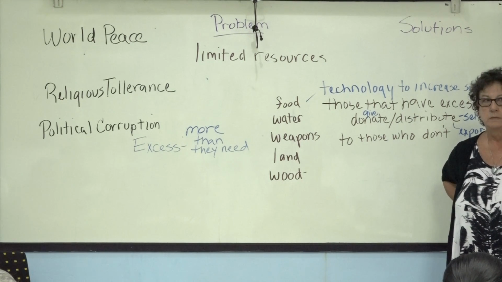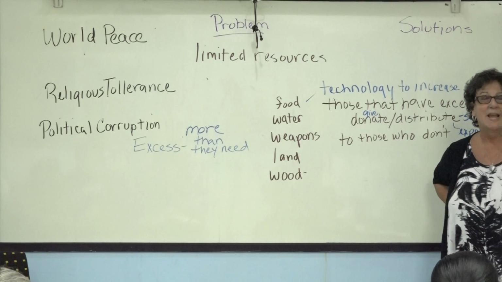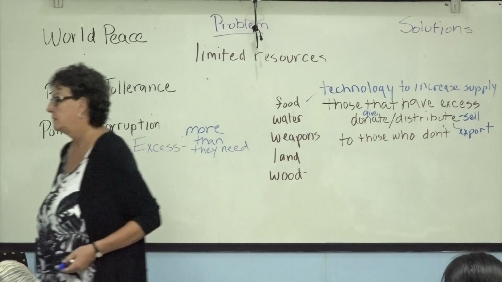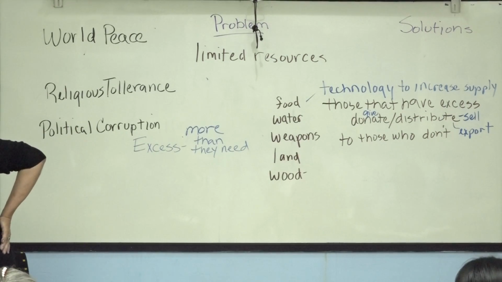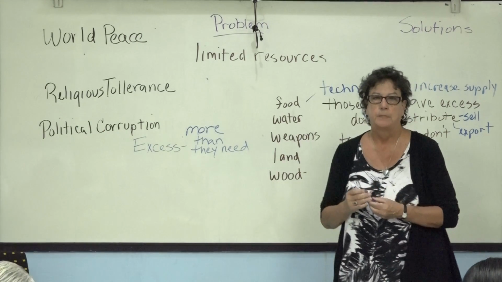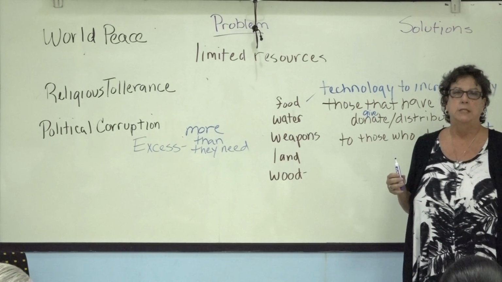Okay? What else can we do about getting food to people who don't have it? Yes. What do you do here? You've got poor people in your country, some that are going to bed hungry. How do you get them food?